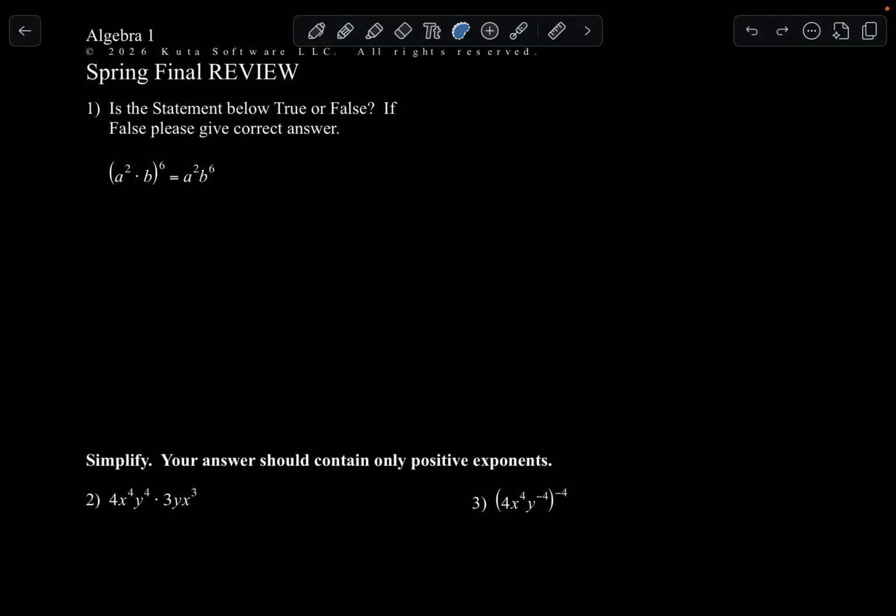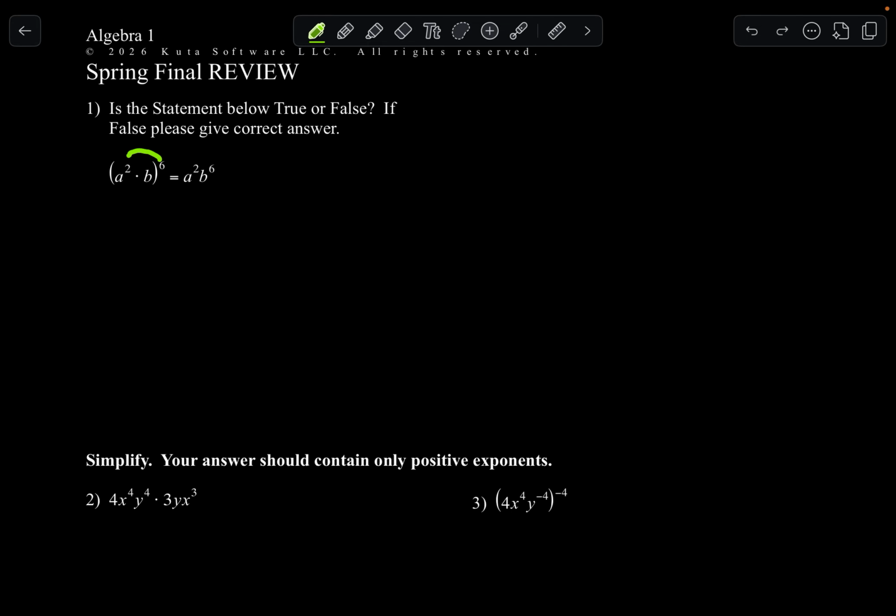All right, the first question is hearkening back to Unit 6, talking about is this statement right here, a squared times b to the 6th power, is that equal to a to the 2nd b to the 6th? Okay, this is just basic properties of exponents.